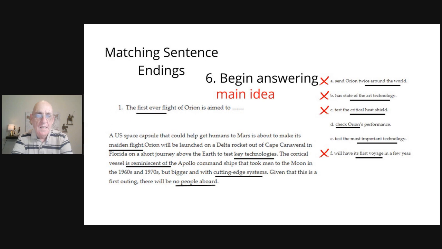And we can see that E is test the most important technology. And so we want to remember that we're looking for synonyms. We're looking for keywords that match the most important technology. And when we look in our passage, we can see that we've underlined key technologies. And key is often a synonym for most important.